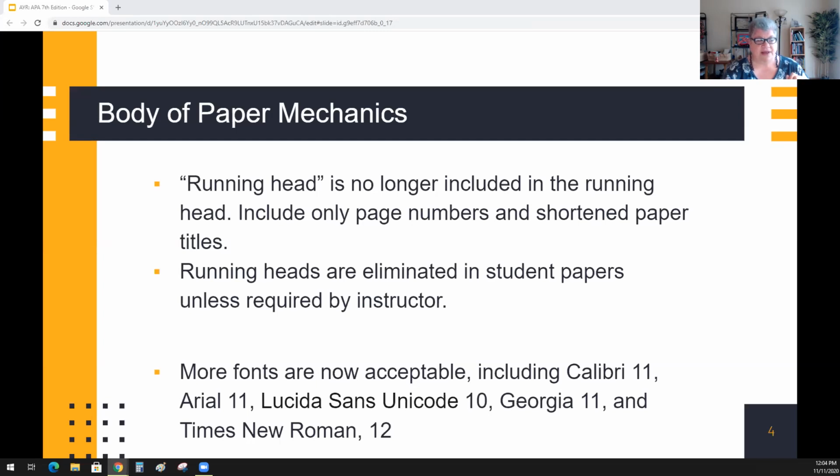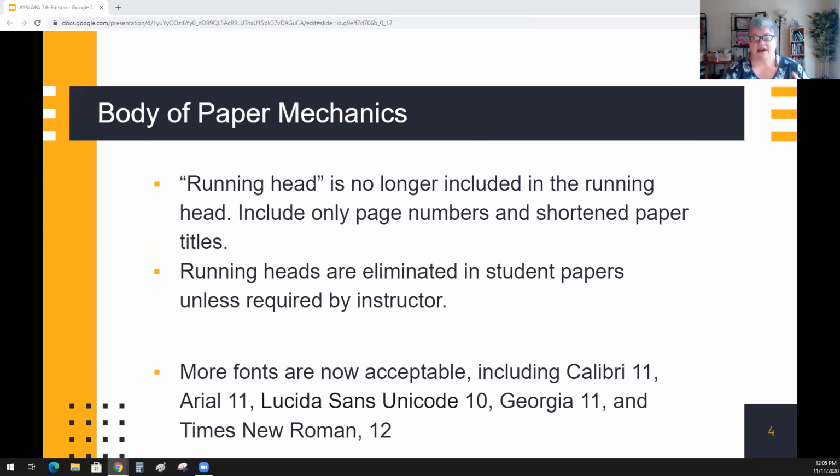Also adjusted for readability are the fonts. They're now allowing more fonts. It used to be Times New Roman and that was it. And now they're adding other fonts, but please note the sizes of the font, and that is for accessibility. People want to be able to read the paper across a variety of visual abilities.